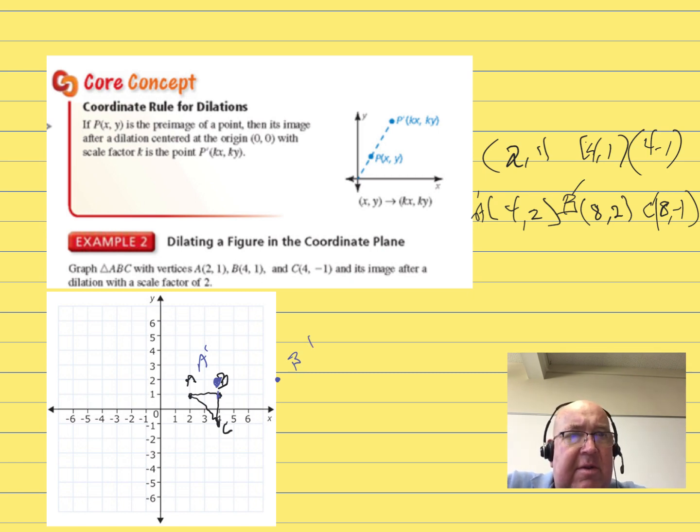And then we're going to go 8 and negative 2. That's going to go out to here. And that's going to be our C prime. And if we were to draw lines from our origin, we would see that the distance is 2 times as much going out.